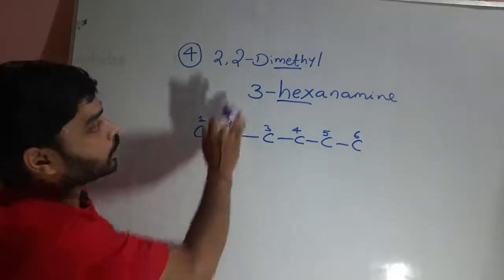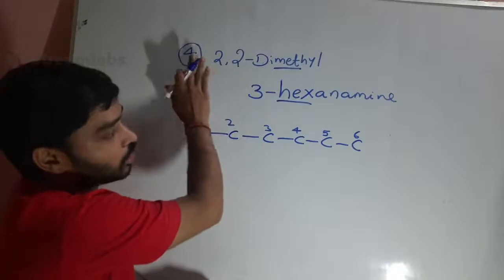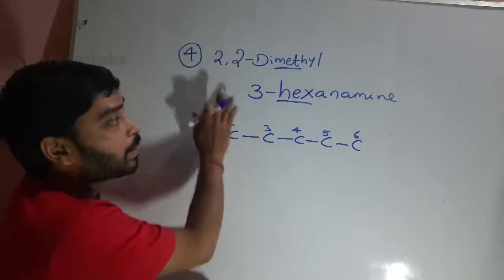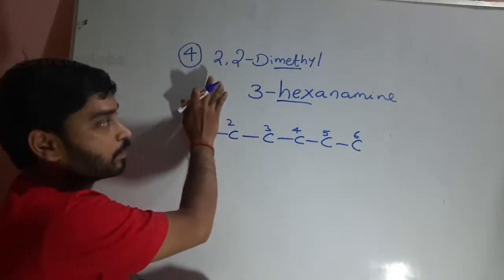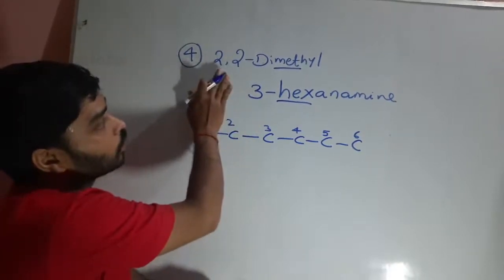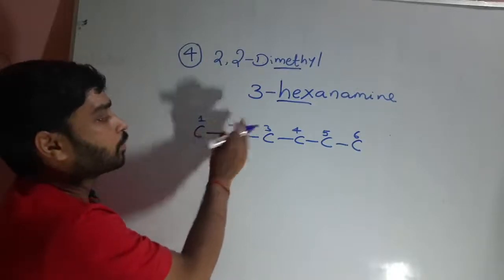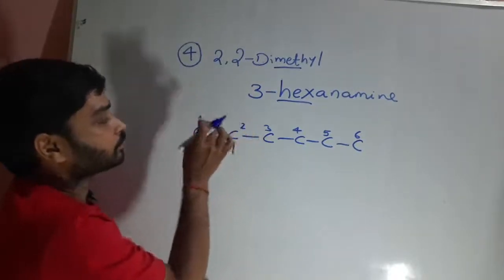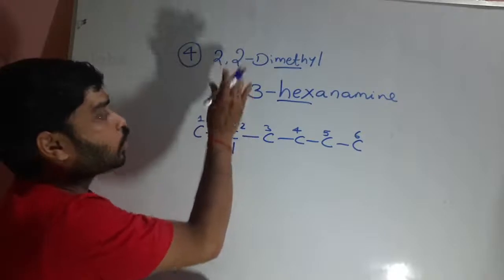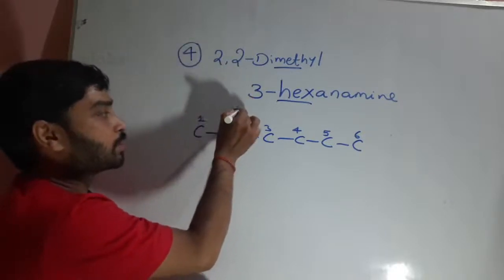So here the name does not obey the rule, but I am drawing the structure of the given IUPAC name. But the rule says, okay, the second carbon contains 2 identical substitution groups. Here the identical substitution groups are methyl groups.